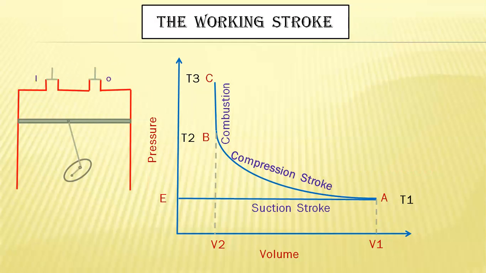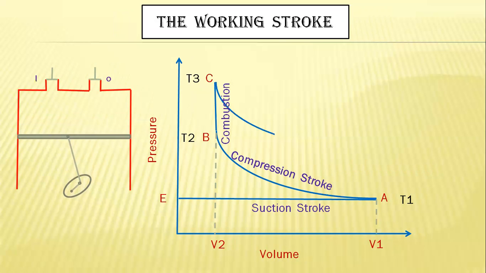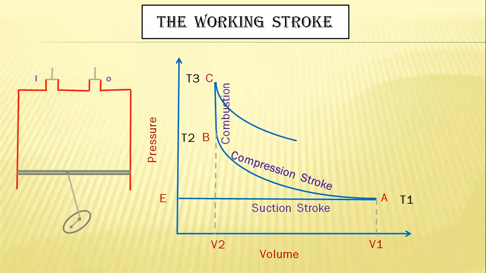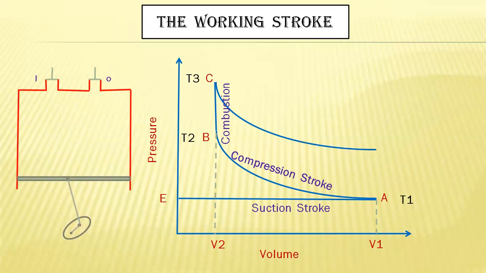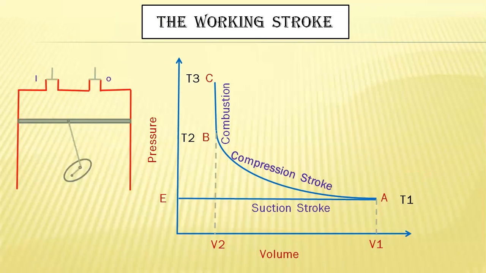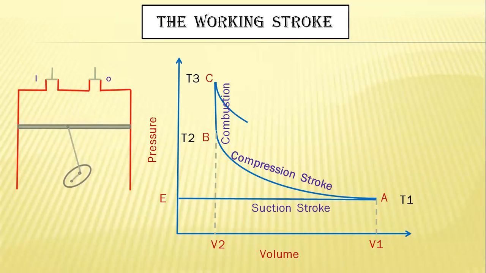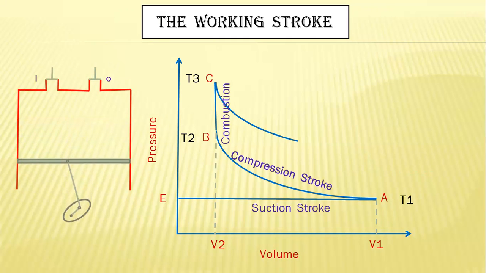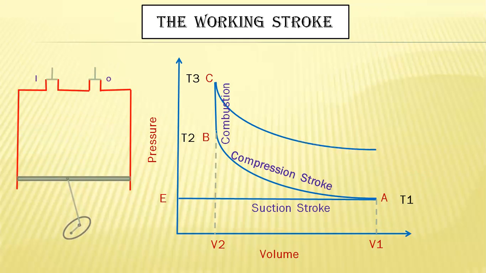Now the third stroke is the working stroke. The piston moves in the backward direction. Because the piston moves backward here, the volume is increasing. Due to the increase in volume, what happens? The pressure decreases.